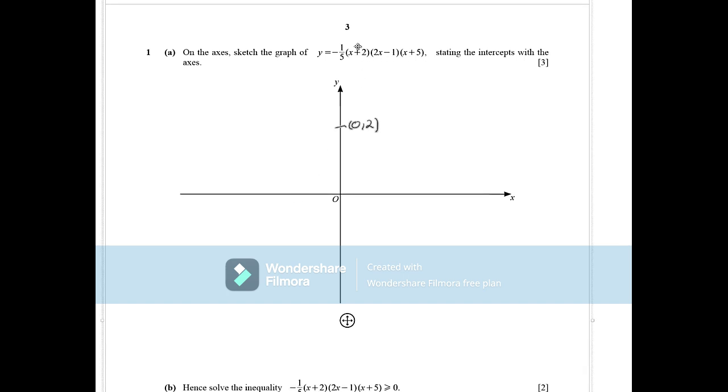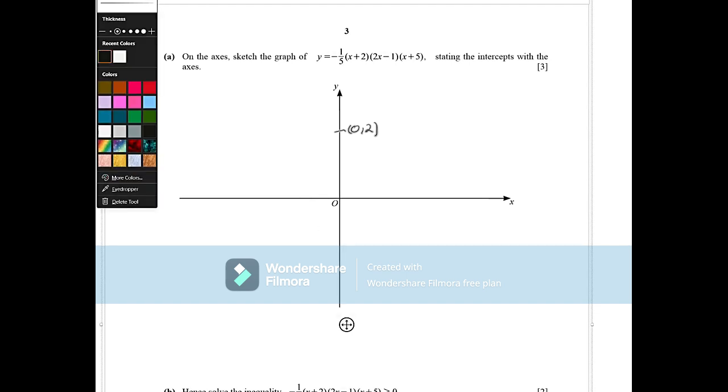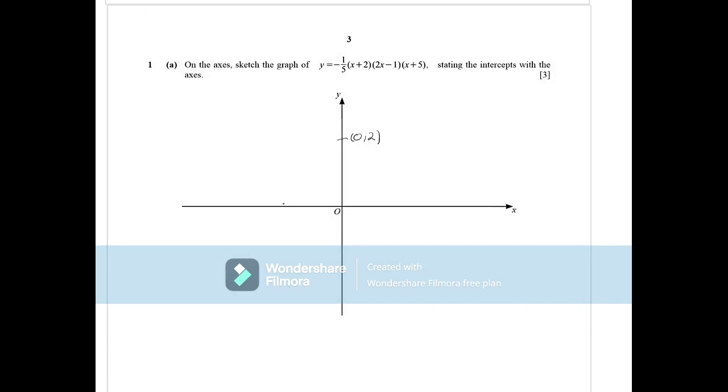which means x is equal to -2, x is equal to half, and x is equal to -5. And for the two other important things, when x goes towards large positive infinity, you have three very big positive numbers, positive, positive, positive, and the final answer is a negative infinity.